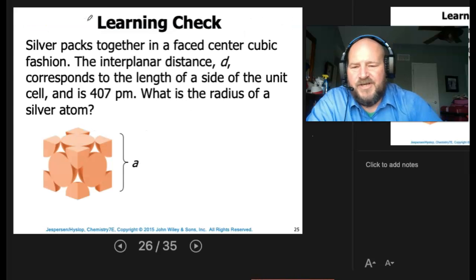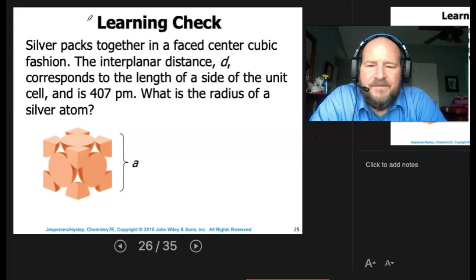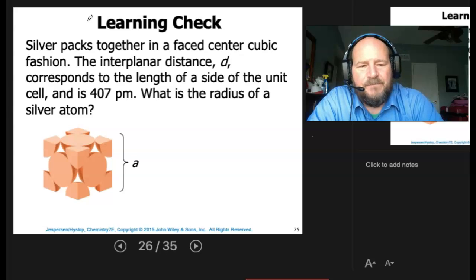All right, so learning check. Silver packs together in a face-centered cubic fashion. So they've given us our nice pretty diagram. The interplanar distance, d, corresponds to the length of a side of the unit cell and is 407 picometers. What is the radius of a silver atom?